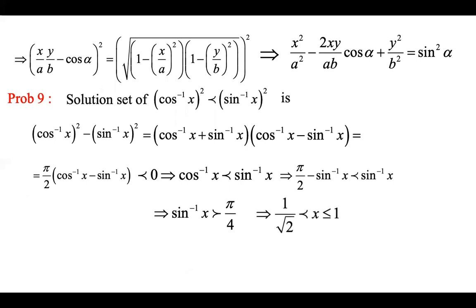That is, x must be in between 1 by root 2 to 1, because in the domain of the function, x cannot go beyond 1. Therefore, overall the solution, that is the interval of x, will be from 1 by root 2 to 1. And you also observe where the endpoints are included and where the endpoints are not included. That is a very important part.